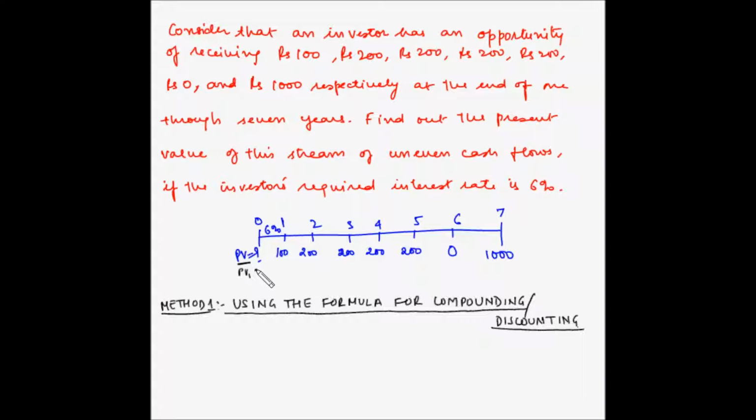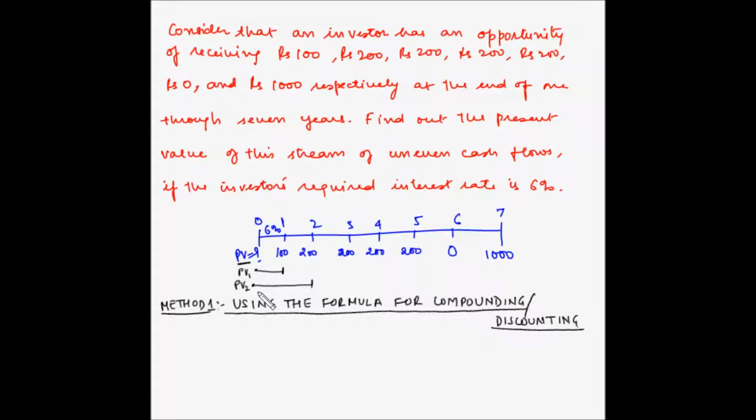Now, this PV1 should be such that at 6% interest, it can allow us to withdraw 100 rupees at the end of first year. Similarly, PV2 should be such that at the end of second year, it should allow us to withdraw 200 rupees at an interest of 6% per annum.